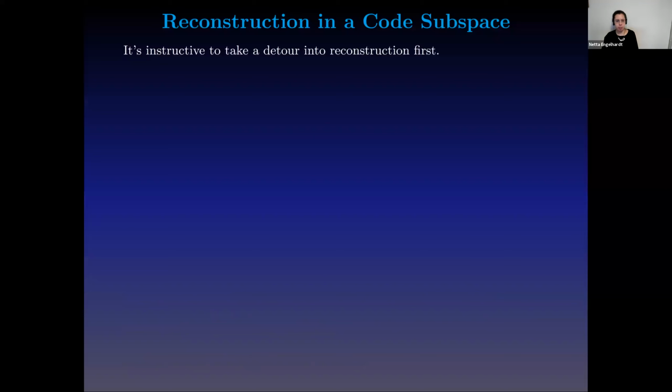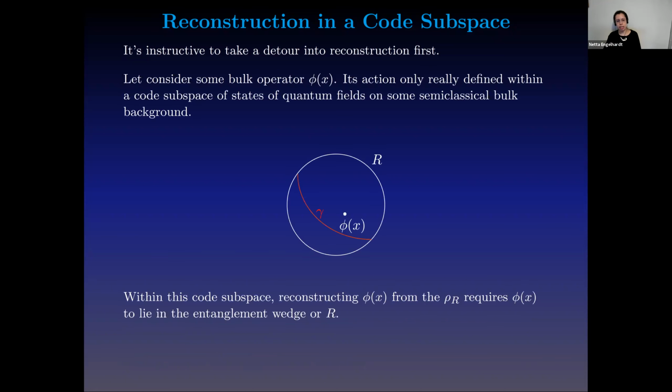What's the resolution? Well, it's instructive to take a step back and talk a little bit about bulk reconstruction and take some lessons from there and then apply them in this case. It's going to look a little bit like a non sequitur at first, but this is actually moving towards the same goal. So let's consider some bulk field, bulk operator phi of x here. This is a standard AdS/CFT, no islands or anything fancy.